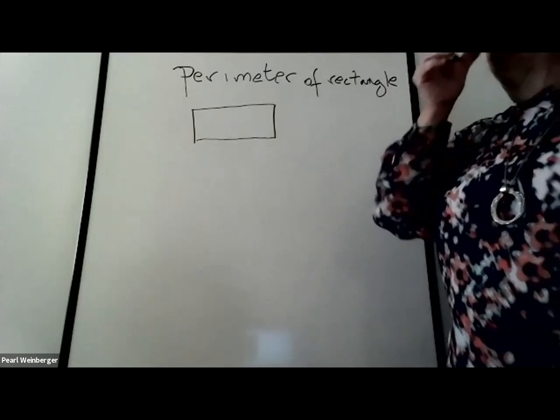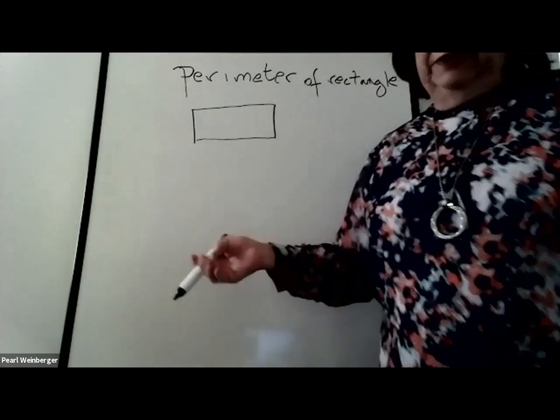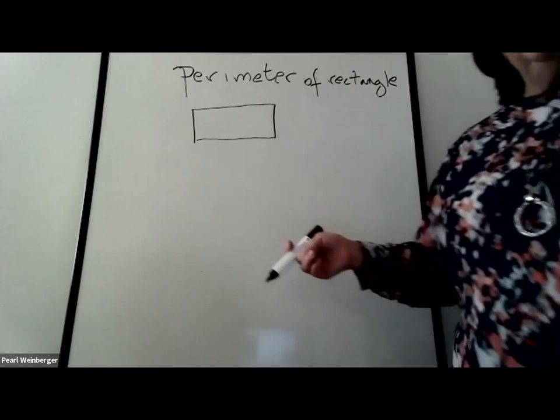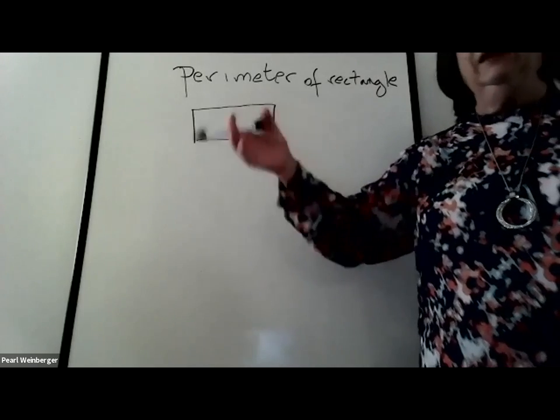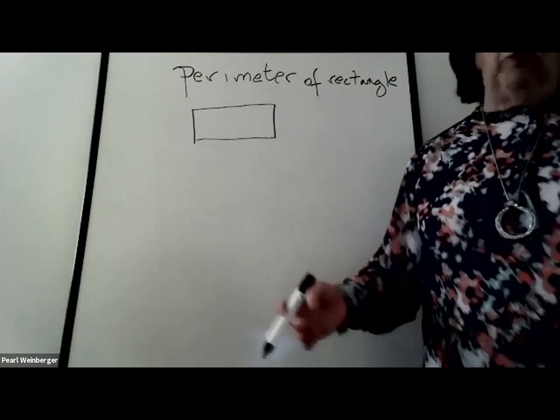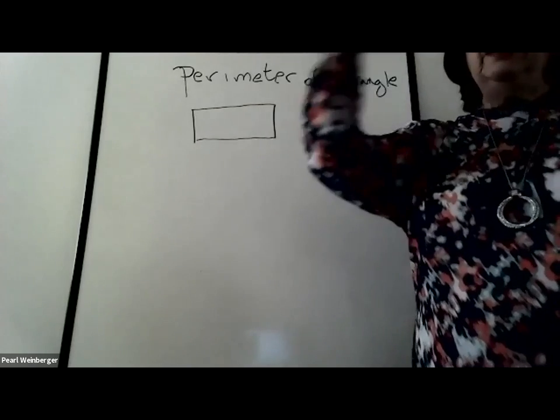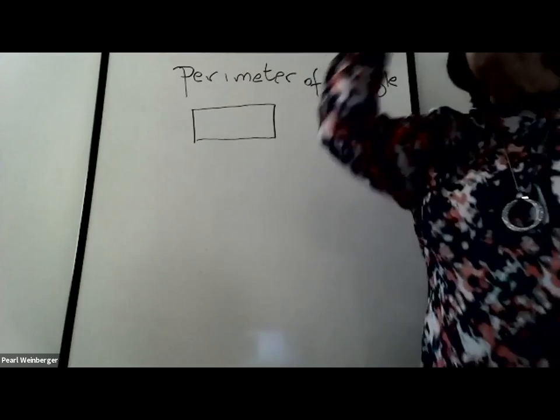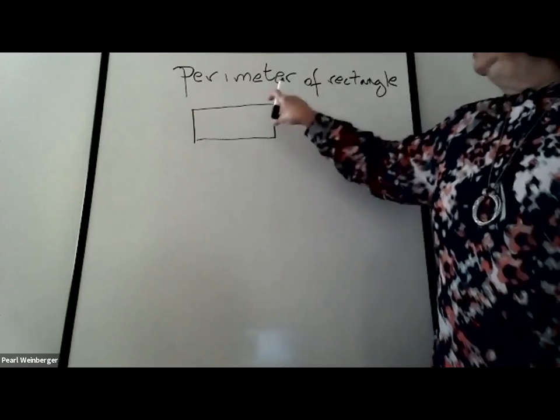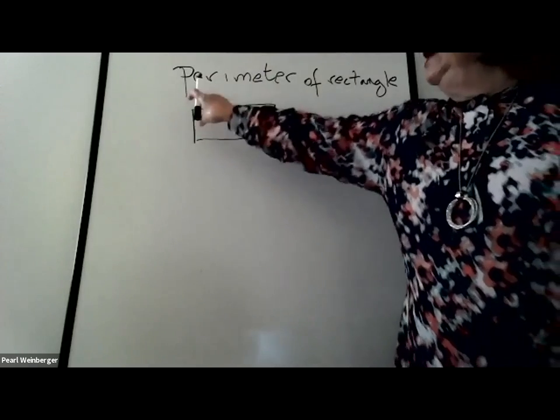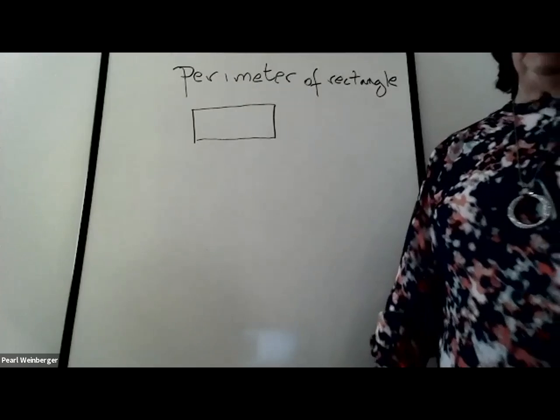If I'm talking about the perimeter of my backyard, which might be a rectangle, I'm talking about how much fencing would I have to use to enclose the whole backyard? How much will it be to go all the way around?